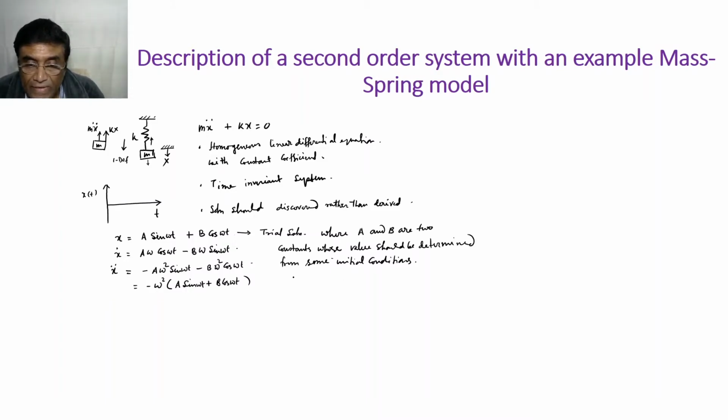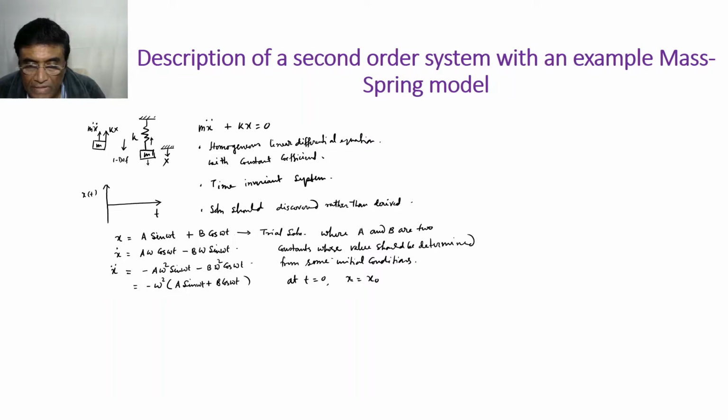That means at t equal to 0, x equals x0. At t equal to 0, the system started from somewhere. Say I have stretched it to some value x naught, and then I have allowed it to oscillate.